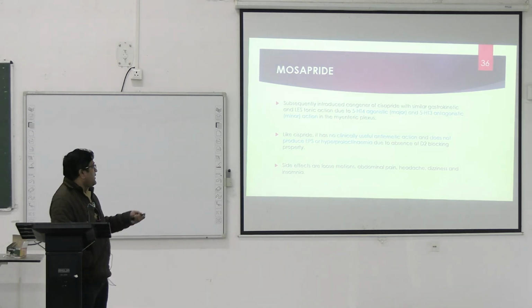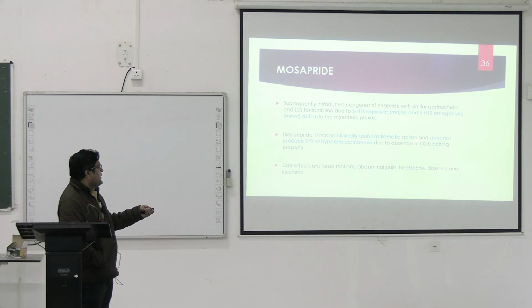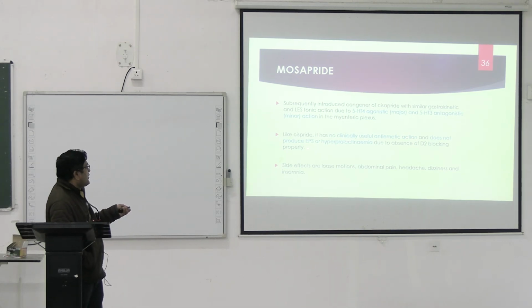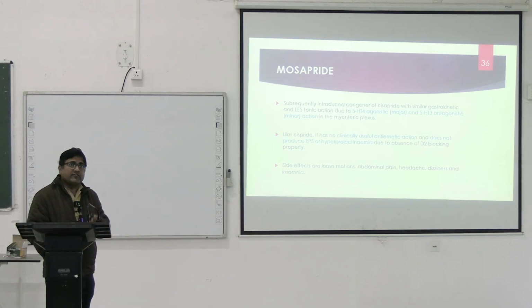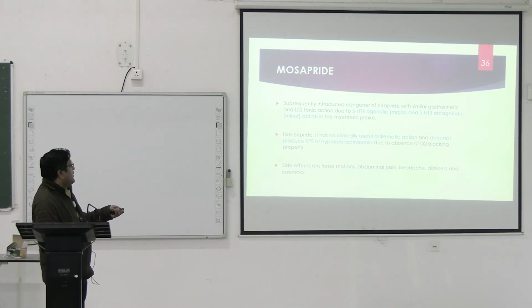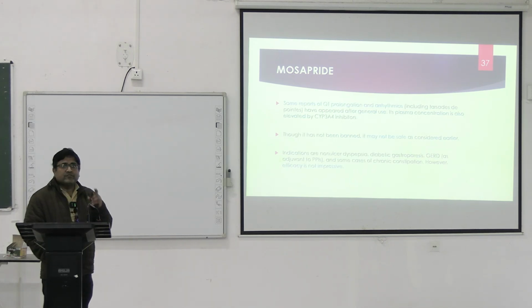Unlike cisapride, it is not clinically useful as an antiemetic. It has got no action as an antiemetic, but does not produce EPS or hyperprolactinemia, similar to that of cisapride. Side effects are loose motion, abdominal pain, headache, dizziness and insomnia. Some reports of QT prolongation have been seen with the drug, but still the drug is available in the market, but should be used with caution.